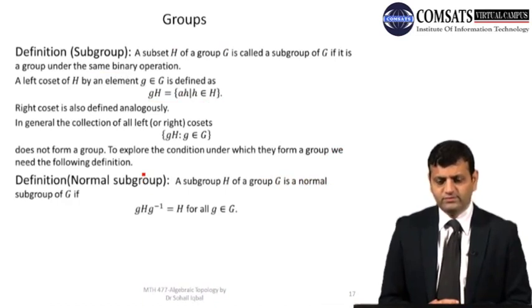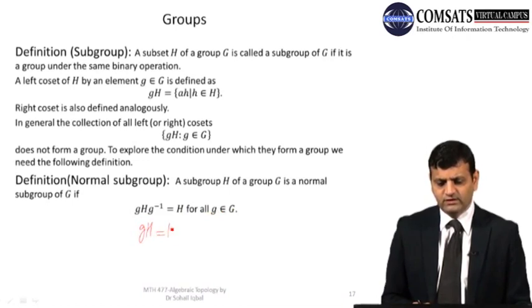A subgroup H of a group G is a normal subgroup of G if g H g inverse is equal to H for all g belonging to G. So in other words, we can also say that gH is the same as Hg. If I multiply g on both sides, then I will get this condition. So it is the same condition as this condition for all g belonging to capital G.